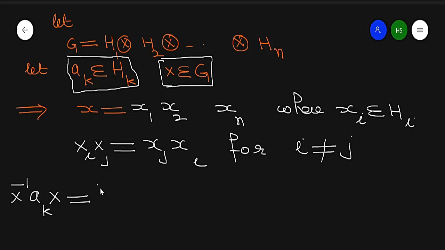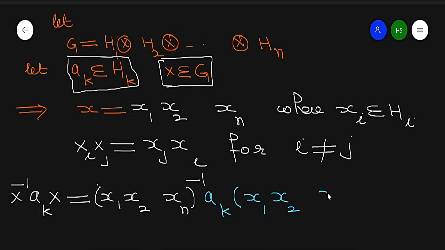What is x? It is x1, x2 up to xn, and its inverse. Next is ak, which is a member of Hk.